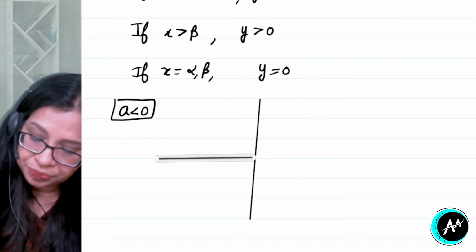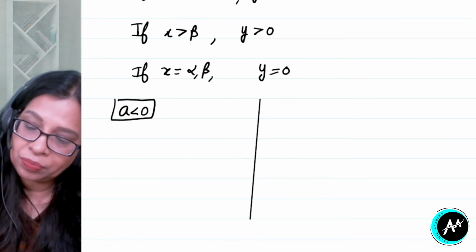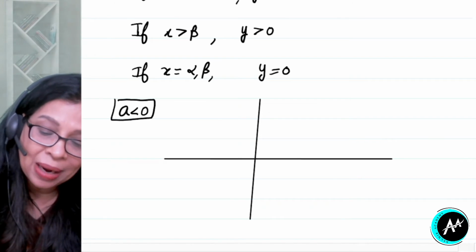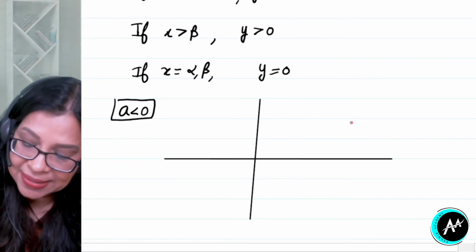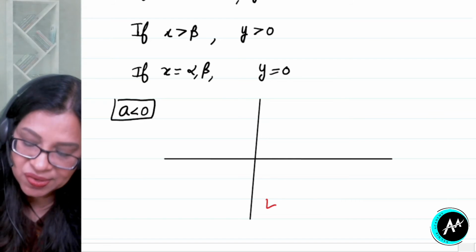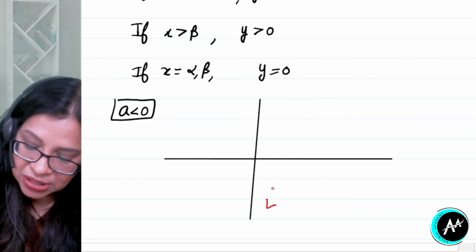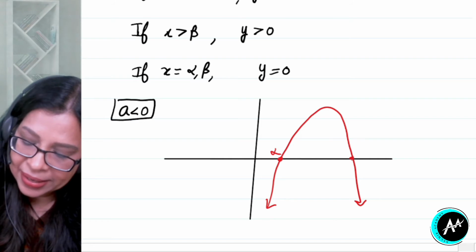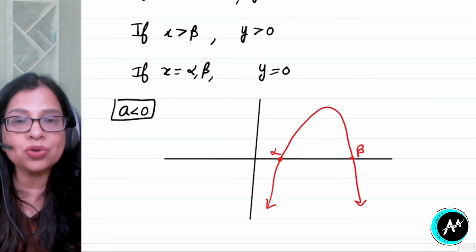Just a moment. So now we take parabola opening downwards, and parabola is intersecting x-axis in two distinct points. So these are the two distinct points. Alright. One is this alpha, other is this beta.